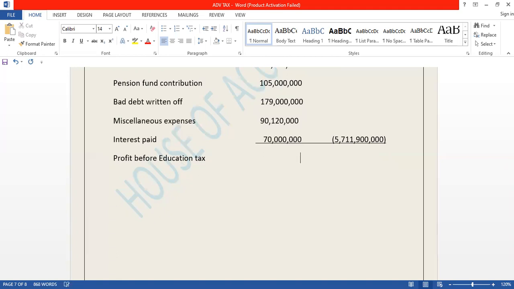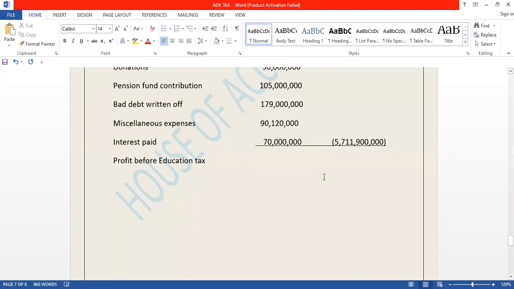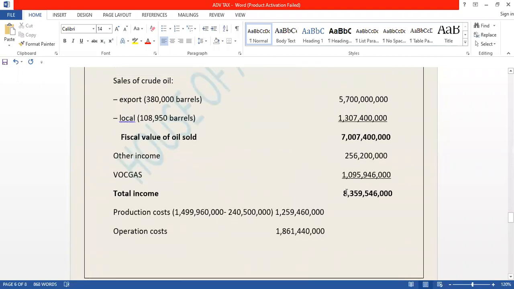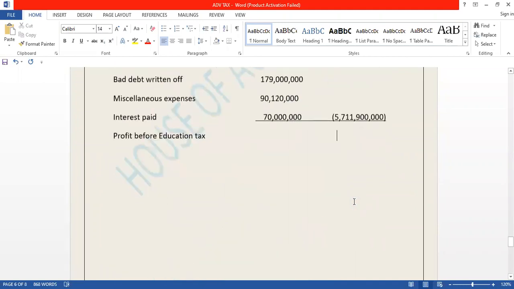Okay, so when you subtract it from that total revenue or total income, which is 8359, from here I'm having 264,7,647,646,000.